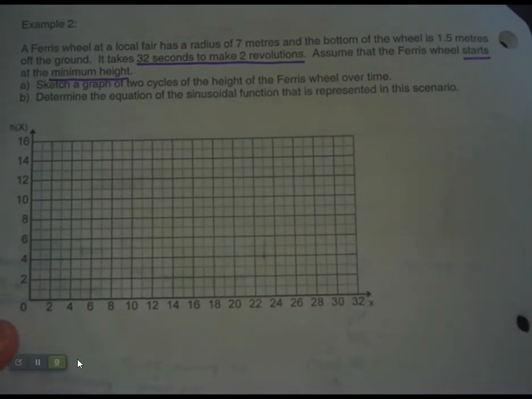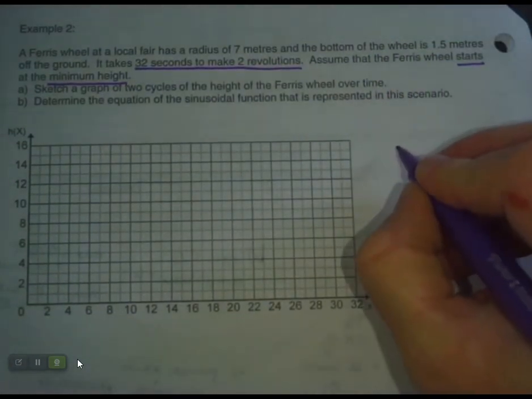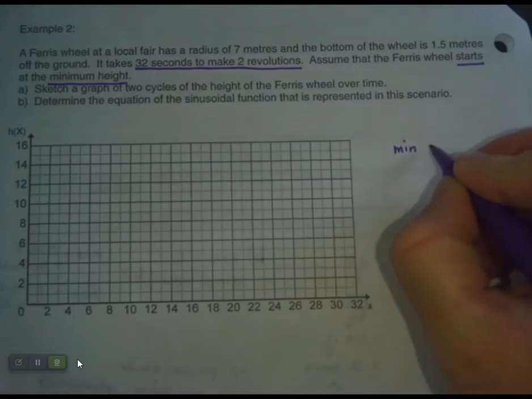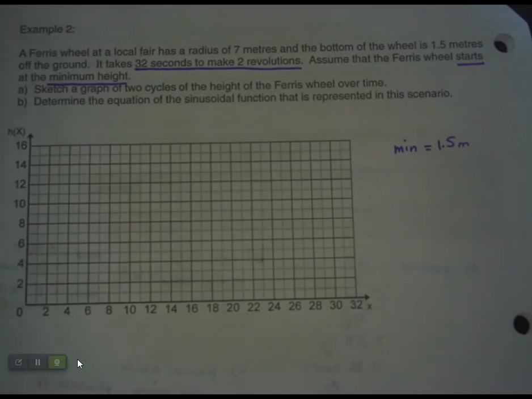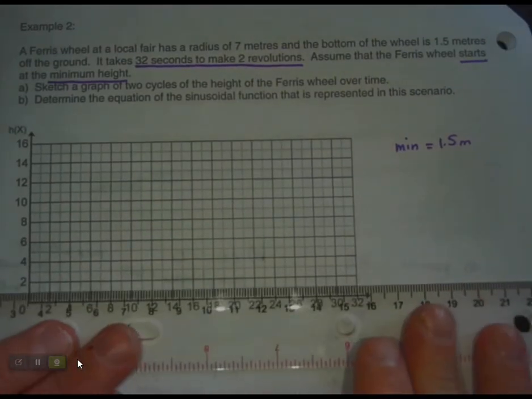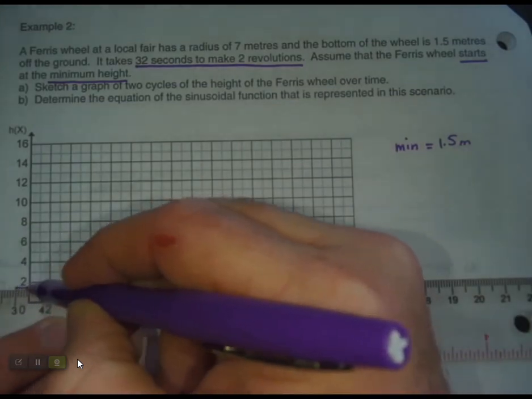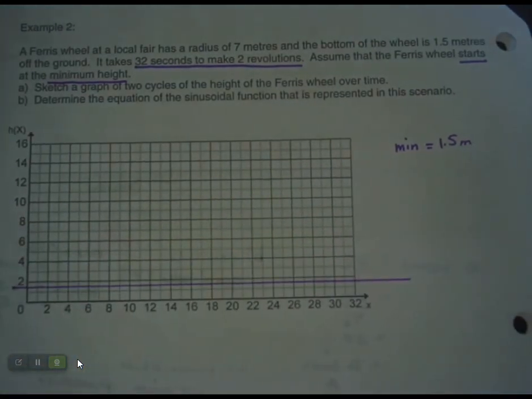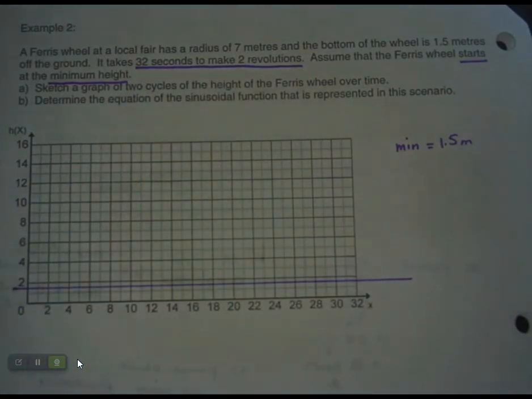So when looking at this, what do you know? Well, I have a minimum height of 1.5 meters. So looking at this, 1.5 meters is about there. We also have a radius of 7 meters.